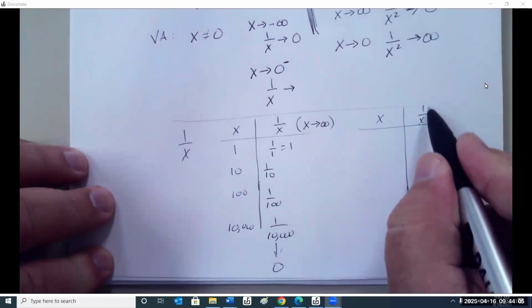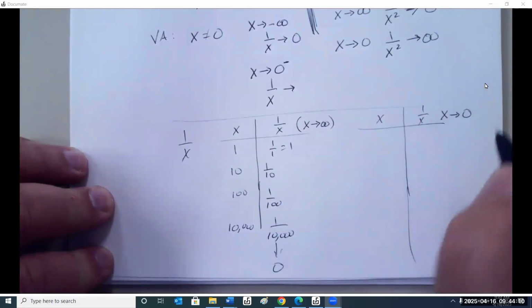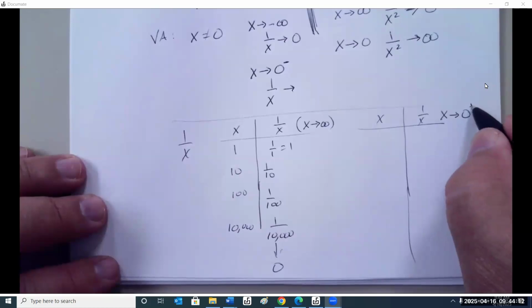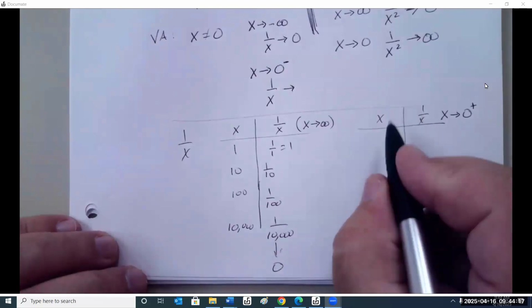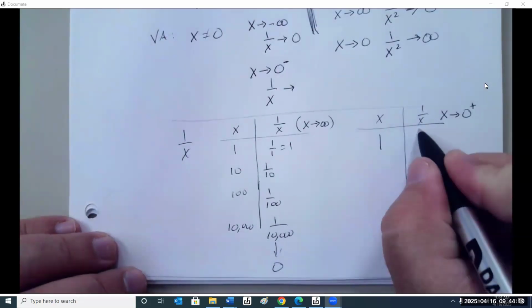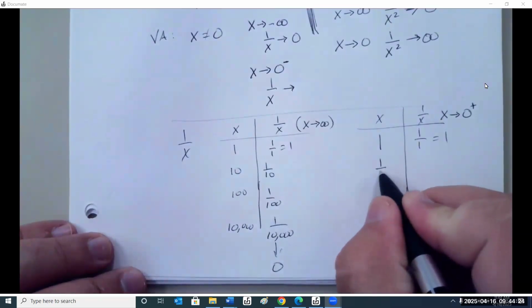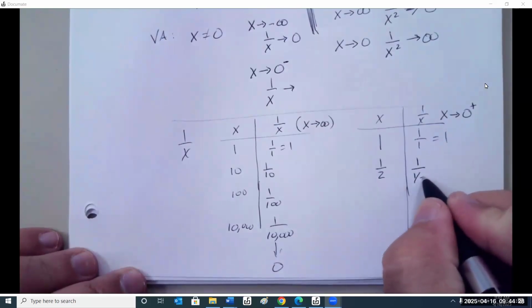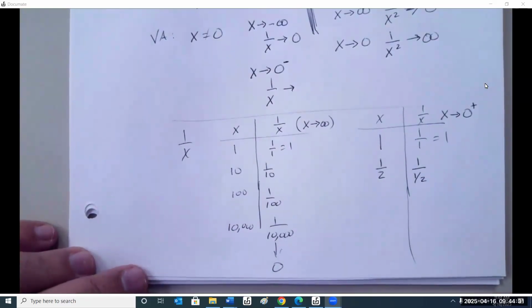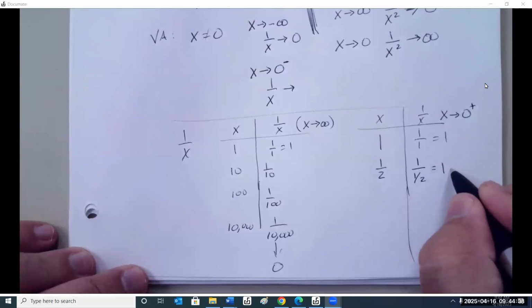Now, when x goes to 0 from the positive side, we're looking at the positive side only right now. So let's start at 1. We have 1 over 1 is 1. Let's look at 1/2. What is 1 over 1/2? Take the top, leave it alone, flip the bottom.